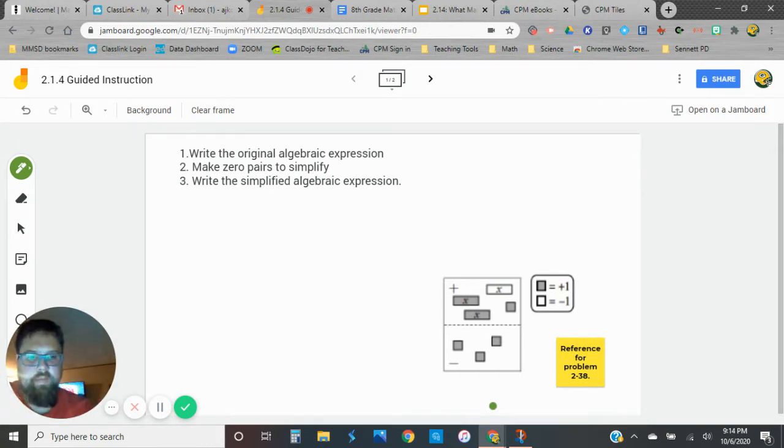Couple reminders. If you have a shaded tile, it's a positive tile. If you have a white or not shaded tile, it is a negative tile. So I'm going to start by looking at the upper or positive area in the expression mat below. I noticed I have 2 positive x's, so I'm just going to start with that.